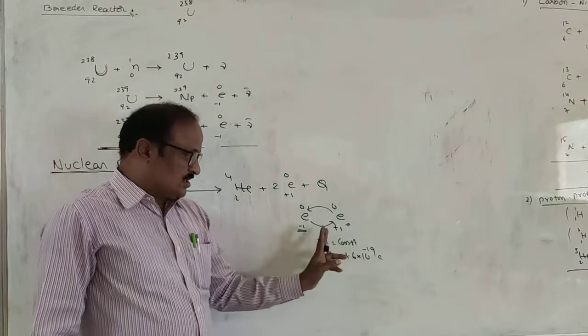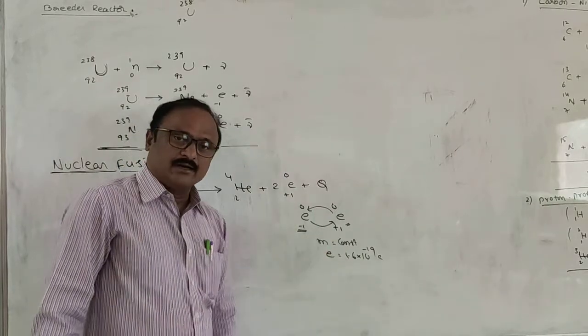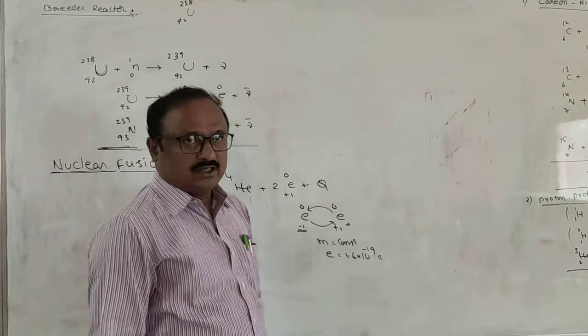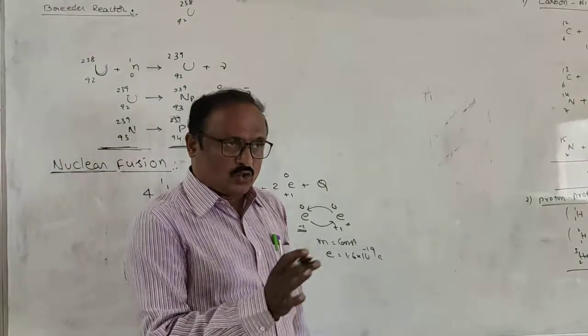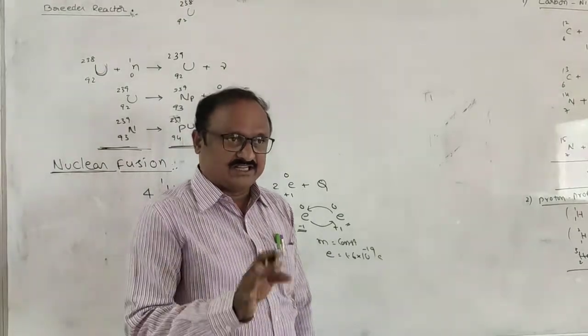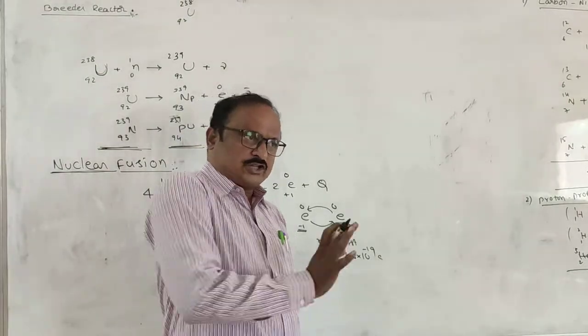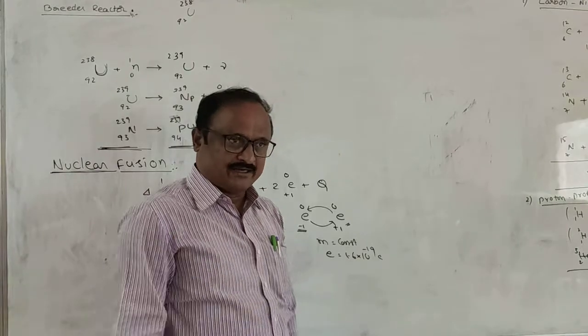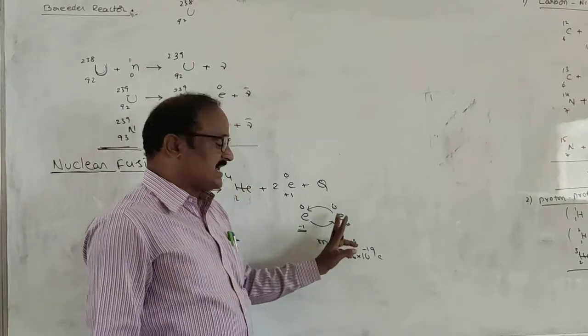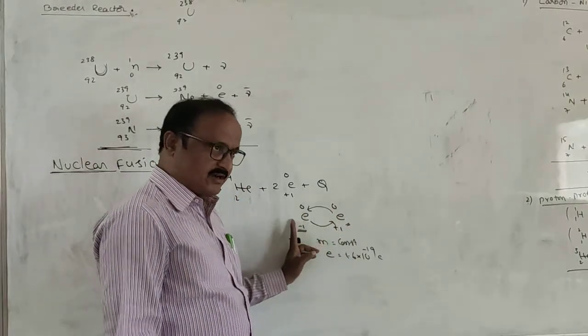So what is the antiparticle? A particle whose mass is the same as that of another particle and having the opposite charge is known as the antiparticle. So positron is the antiparticle of electron.